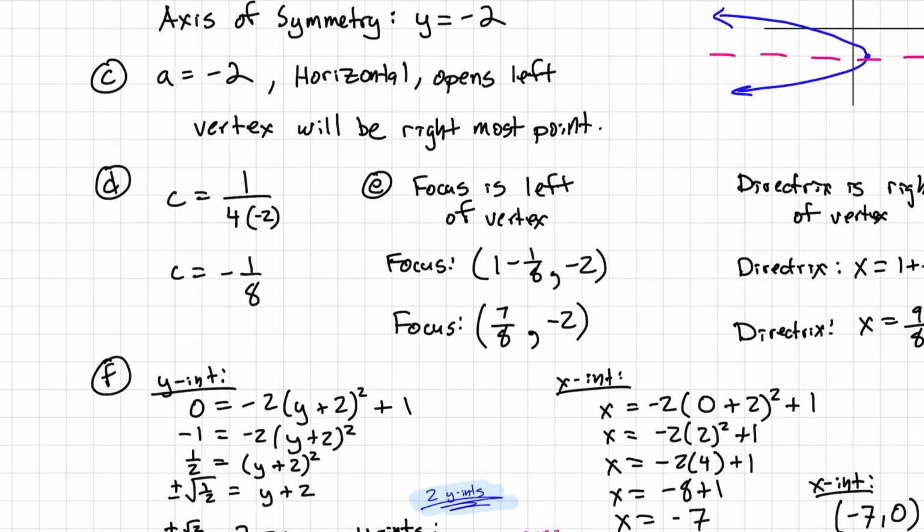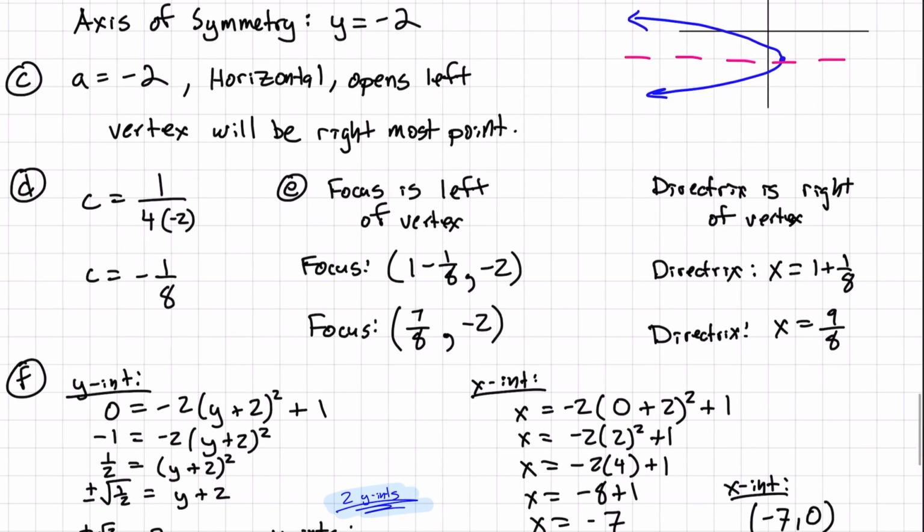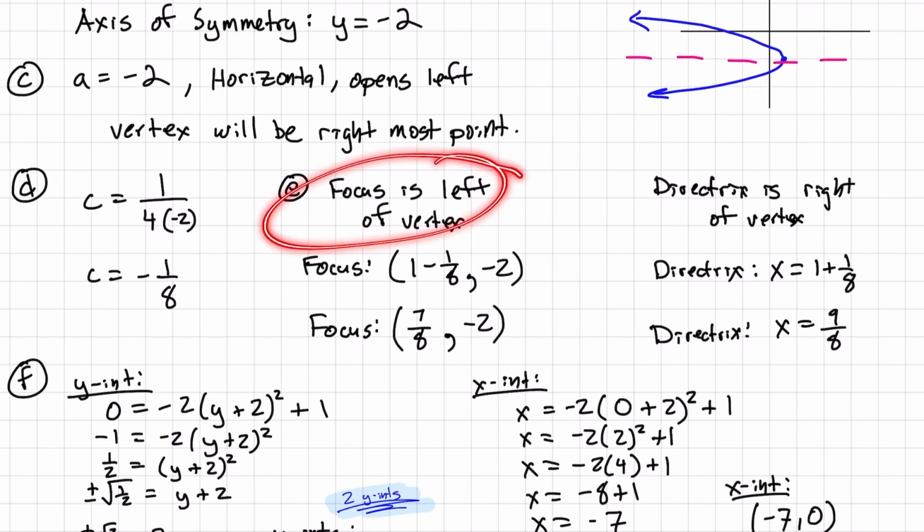So let's find our c. I'm going to do 1 over 4a, and my a is -2. So it's 1 over -8, so -1/8. When it comes to thinking about your focus and your directrix, remember the focus is inside the parabola, the directrix is outside the parabola. So my focus is to the left of the vertex, my directrix is to the right of the vertex.